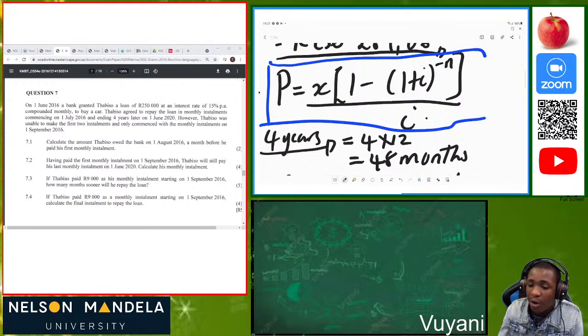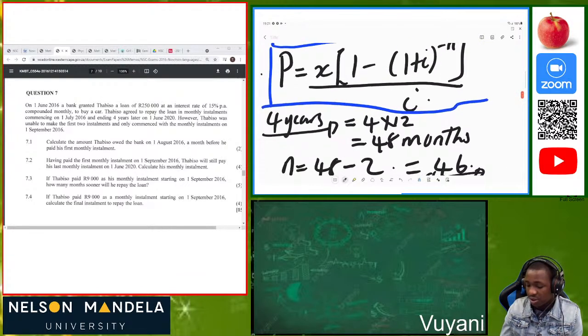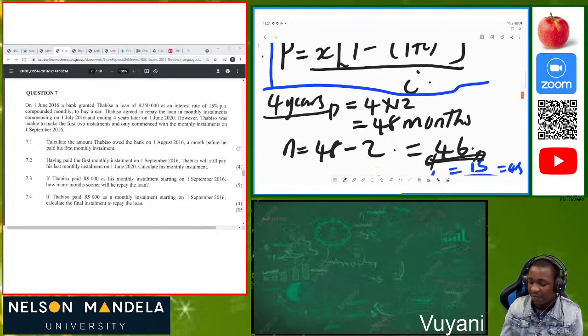If you forget it, just use the back of your question paper. You're going to find the formula sheet.